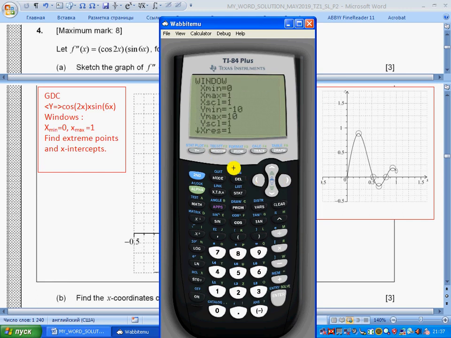Window: let's make y minimum -1, maximum 1, and draw again. Why 1 and -1? Because the maximum of cosine is 1, the maximum of sine is 1, and the minimum is -1.